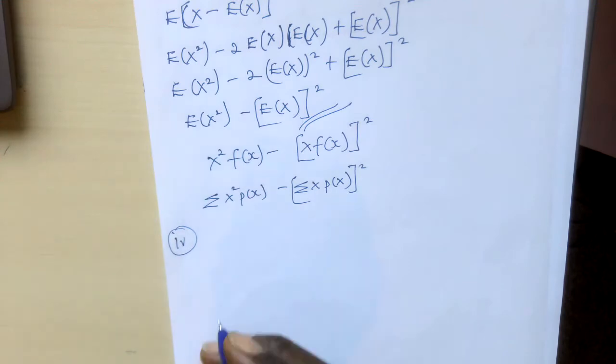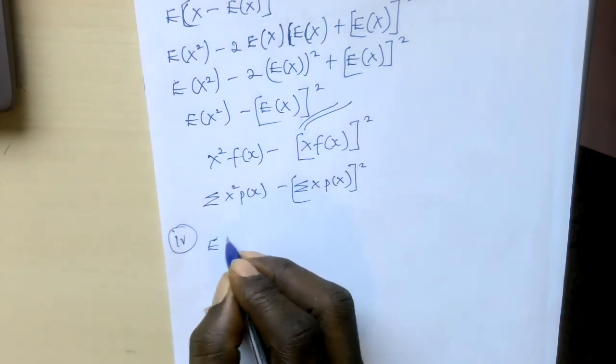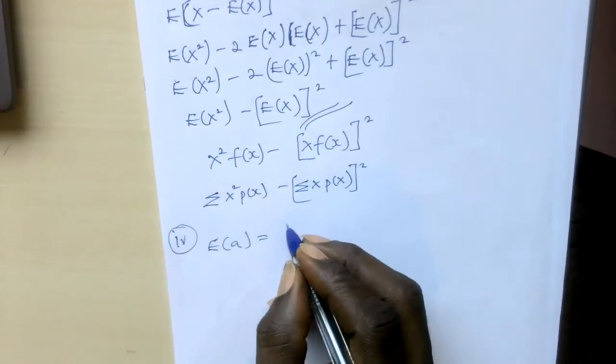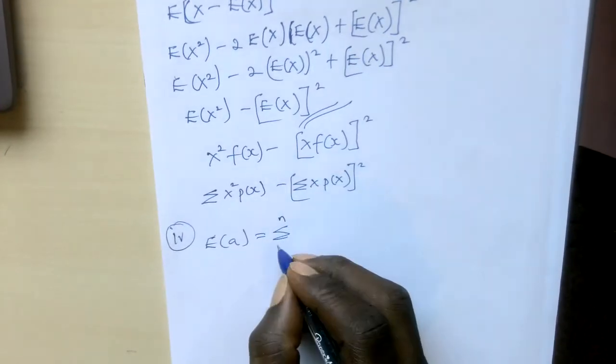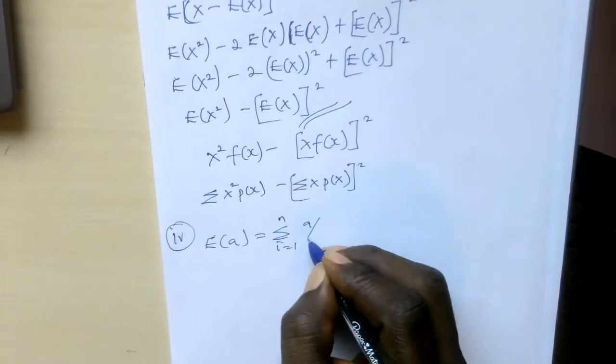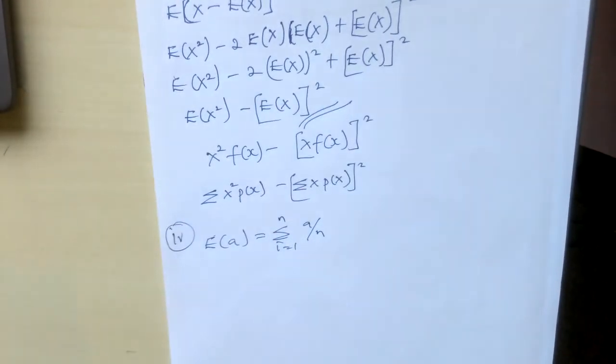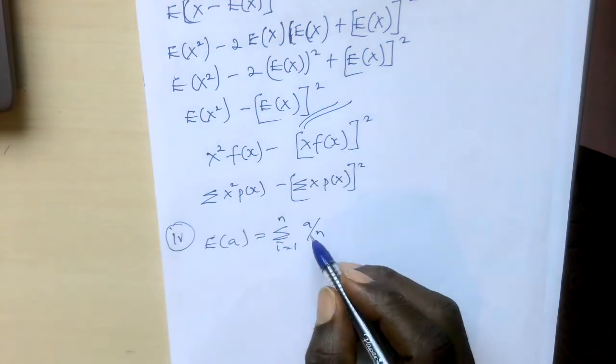For the first one, prove that the expected value of a equals the summation from i equals 1 to n of a over n. Oh, sorry, I want to prove that this is equal to a.